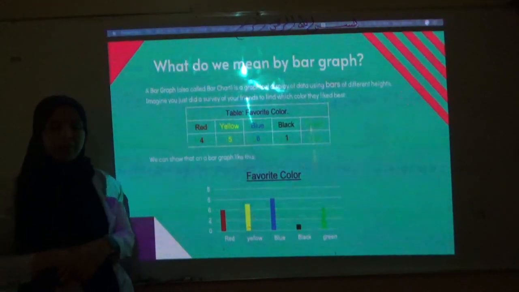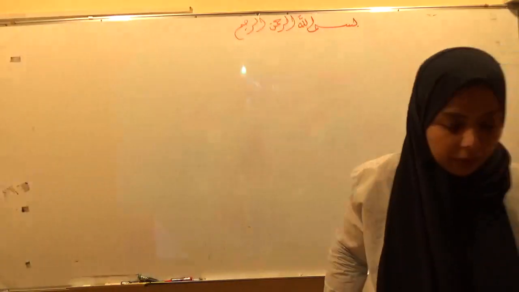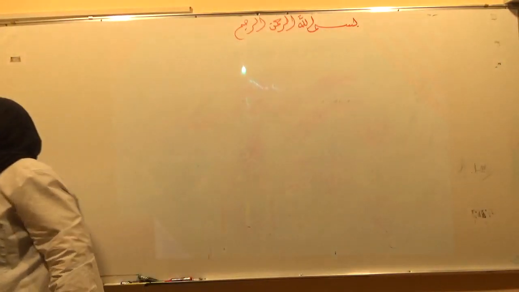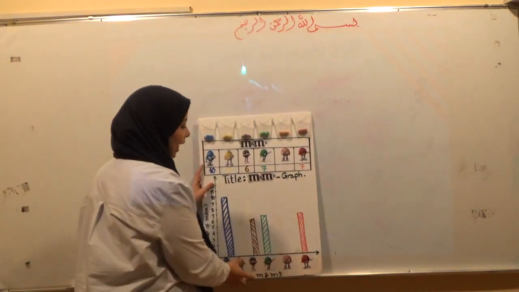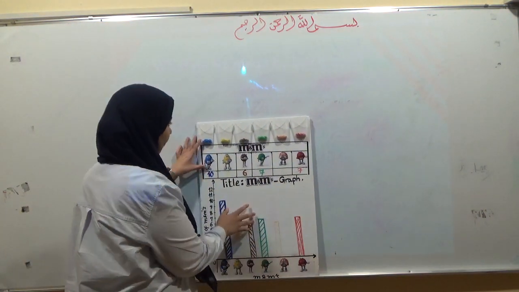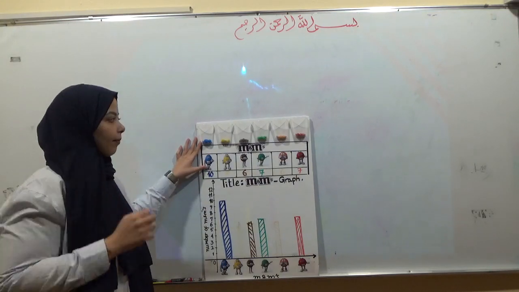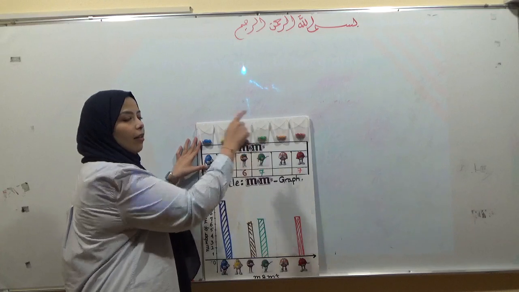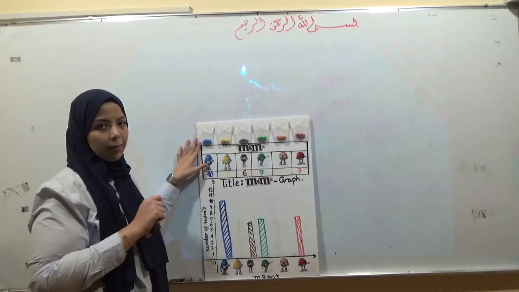Now let's have a small activity about something we all love. It's candy. I bought a bag of M&M's and I just organized them according to their color, and I counted their number.